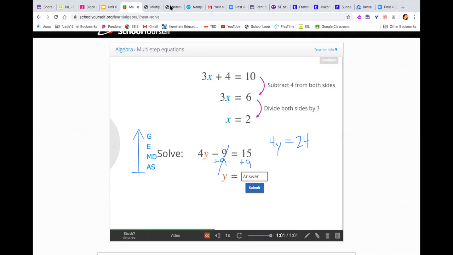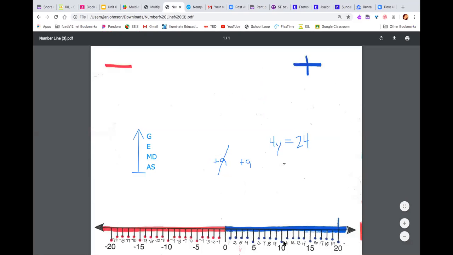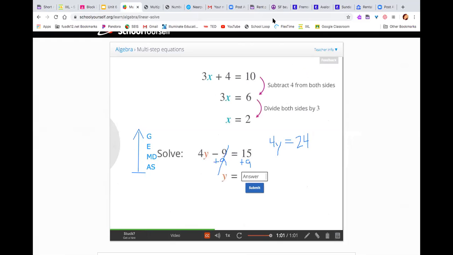I know our number line stops at 20, but if we had 15 and we went 1, 2, 3, 4, 5, and then 6, 7, 8, 9, that would put us at 24. Okay, so now I have 4 times y equals 24. So what do I want to do next?